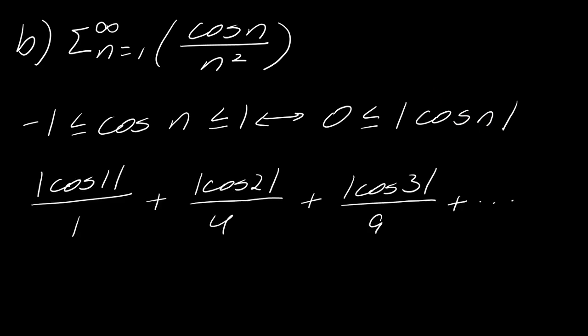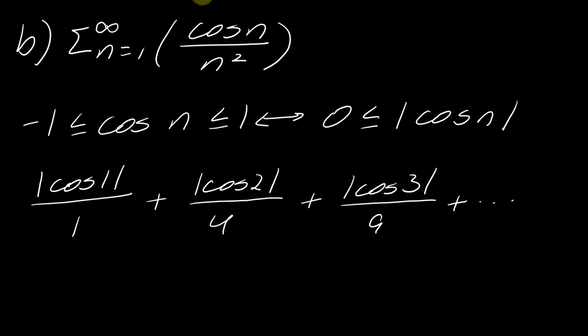If I think about taking the absolute value of all of these terms, the denominator is already positive, so we don't have to worry about that. I don't know what cosine of 1 is, but now I know that it's going to be something less than 1 but greater than 0. So now I have a better sense of what's going on with the top here.